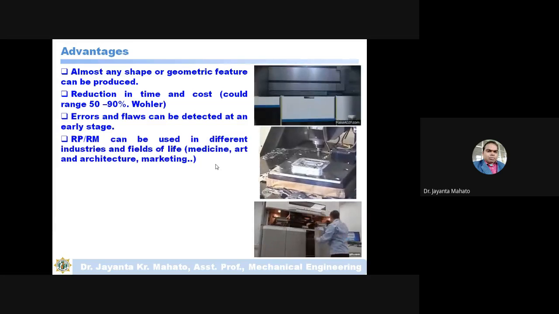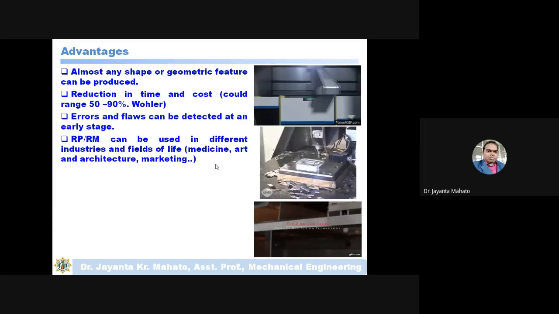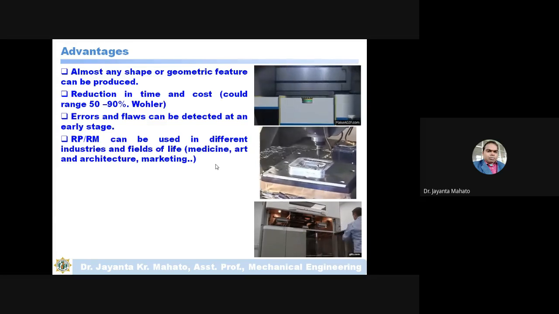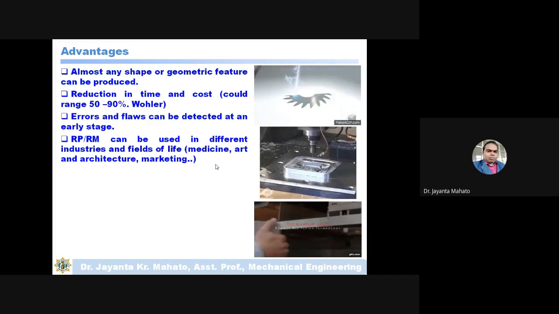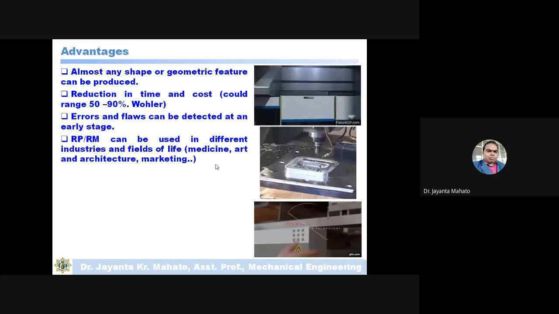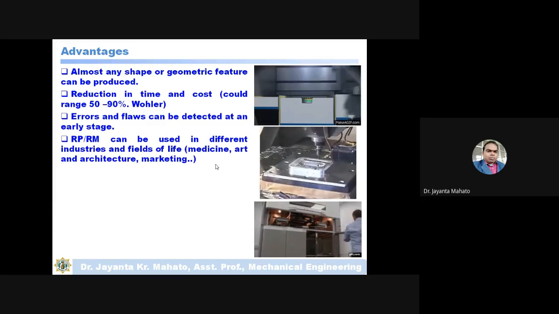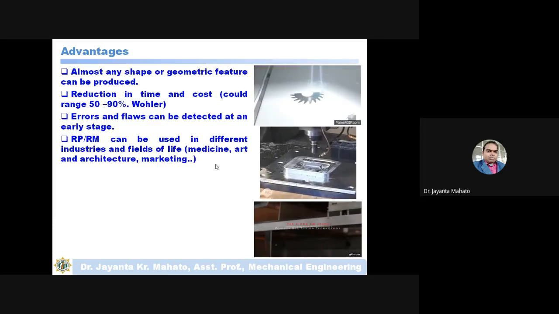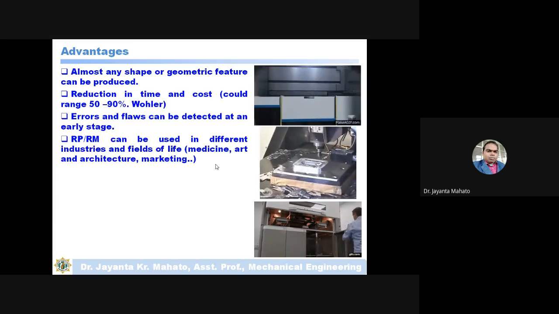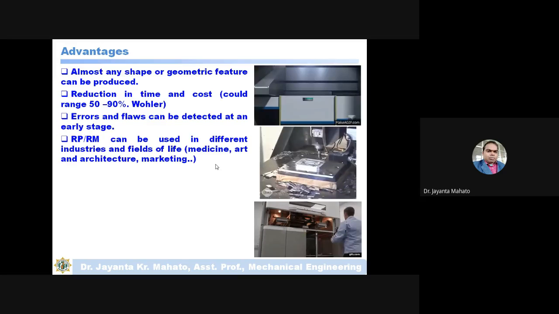Rapid manufacturing or rapid prototyping can be used in different industries and fields of life, starting from medicine, art, architecture, marketing, automobile, aerospace, agriculture. All these fields can use this rapid prototyping or manufacturing process.